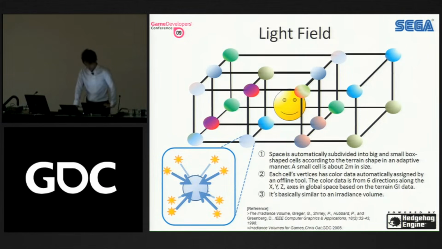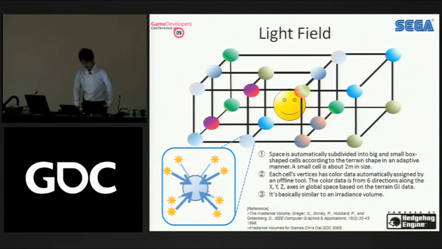This is sort of the image of what a light field would look like. First of all, the space is automatically subdivided into big and small box-shaped cells according to the terrain shape, in an adaptive manner by BSP. A small cell is about 2 or 3 meters in size.